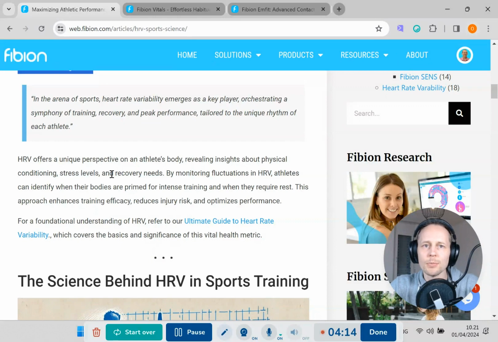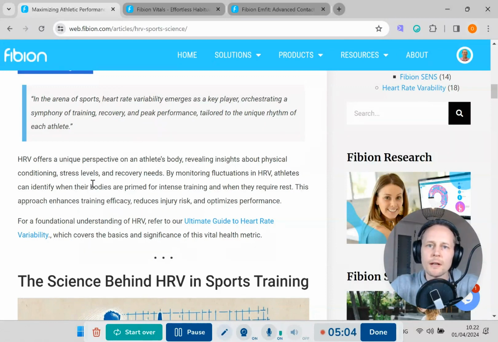One of the most important things is to optimize the training, and especially knowing when to do the intensive workouts. Those will be improving the performance the most, but also they are the most precarious if you do too much of them, especially for longer durations. You are training too hard, and the results will not be good. So the importance of HRV can be very big if you are using it correctly.